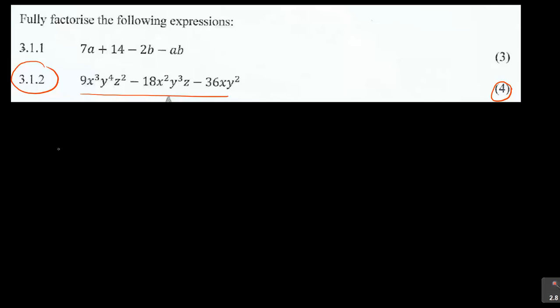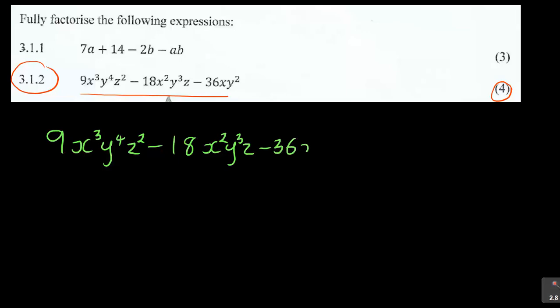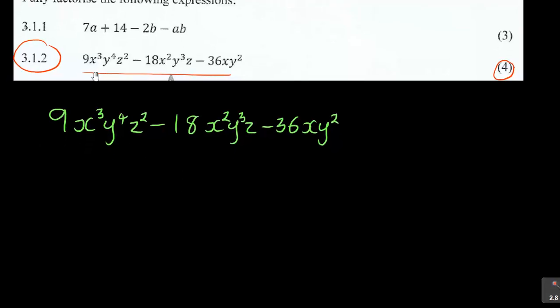So if I can write this one, I have got 9x cubed y4 z squared minus 18 x squared y cubed z minus 36 x y squared. Okay, it's 4 marks. So just cross check if I did everything right.